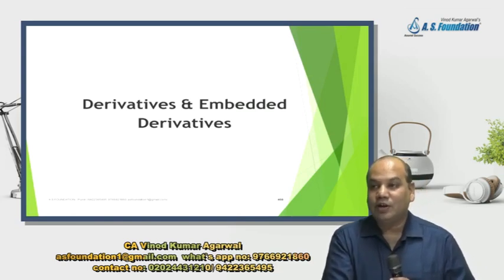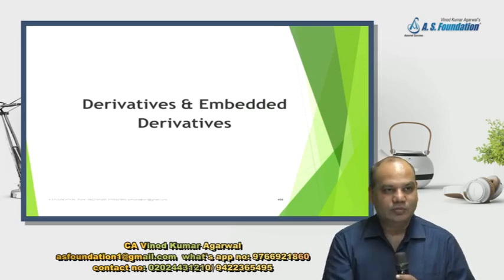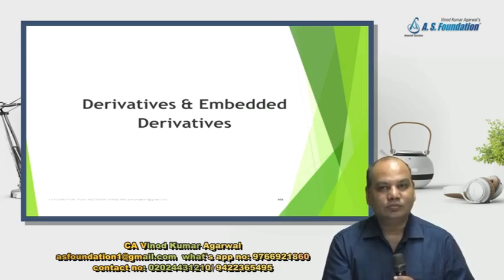That underlying asset can be a commodity, exchange rate, currency, share, stock market index, elections also, weather also.